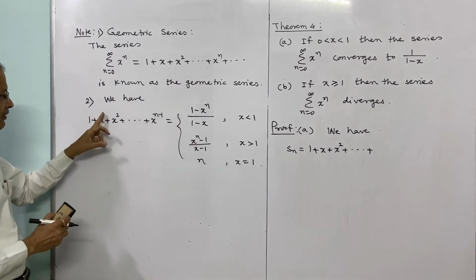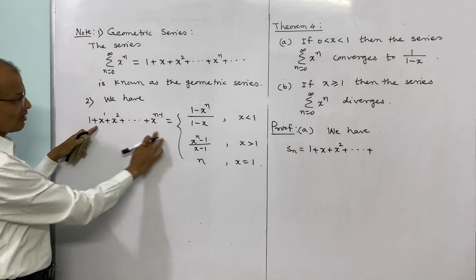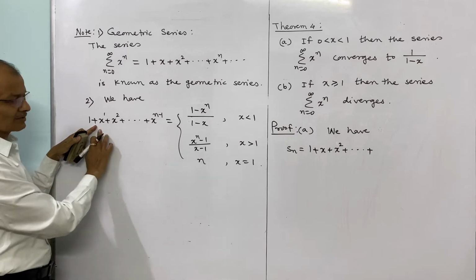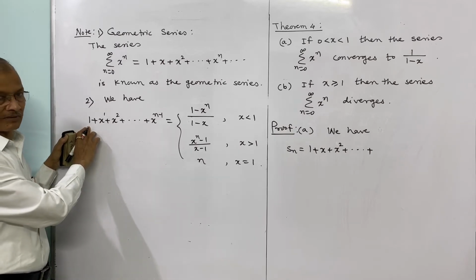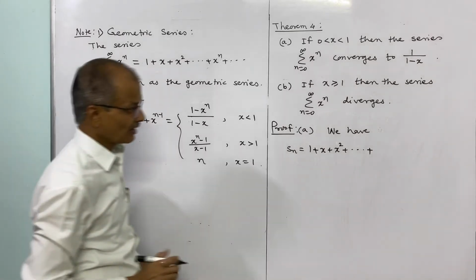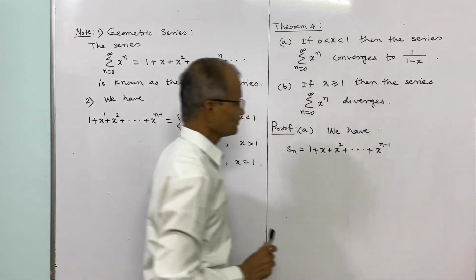So x to the power 1. Then if you consider this from second onwards, then these will form n minus 1 terms, and this is the earlier first term, so total terms will be n, and therefore last we should write x to the power n minus 1.